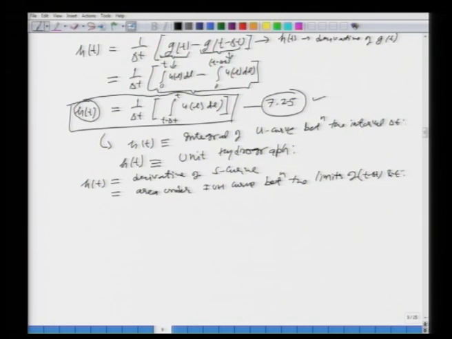So, basically what we have done today is we have looked at these 3 very important functions: the unit impulse response function, the unit step response function, and the unit pulse response function. These are the 3 basic concepts, which are the instantaneous unit hydrograph, the S curve, and the unit hydrograph.